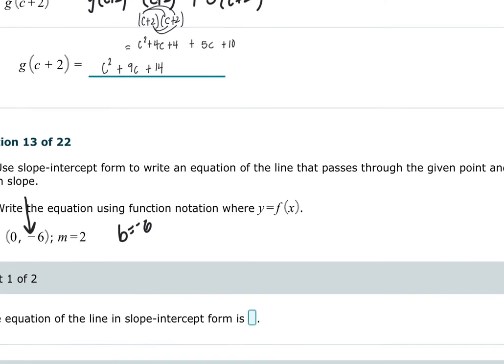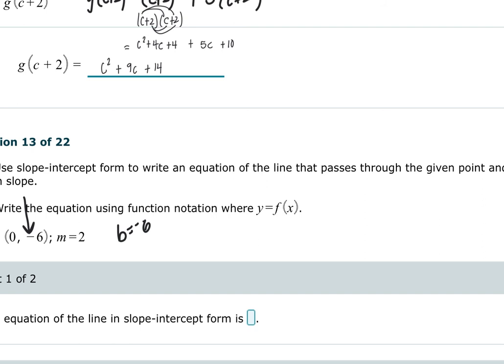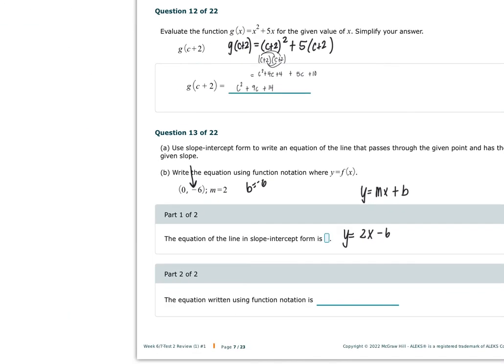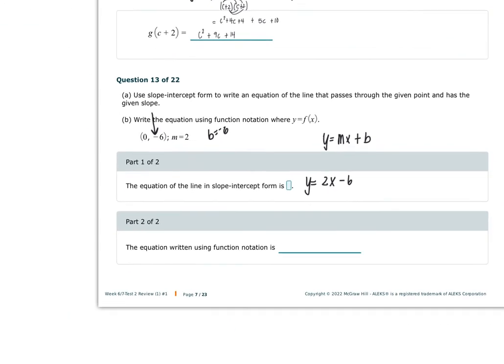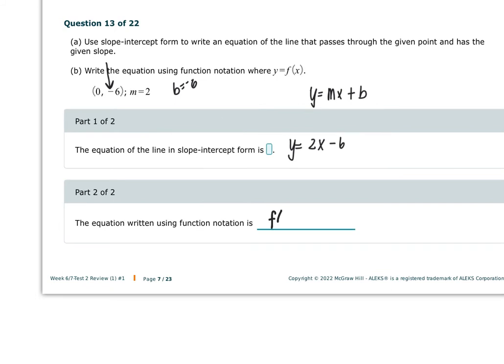Therefore, if I'm plugging those two pieces of given information into the slope-intercept form, my answer is y equals 2x, because 2 is m, 2x minus 6, because -6 is b. Now, in function notation, that would just be written as f of x equals 2x minus 6.